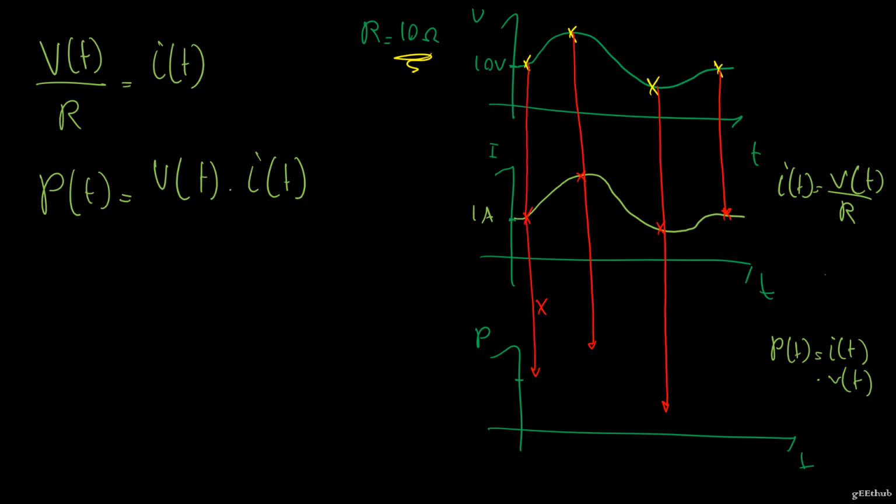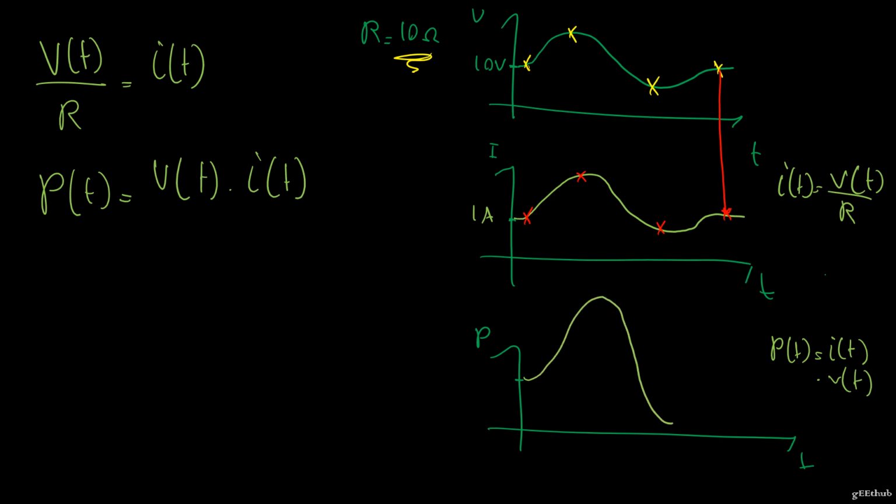So let me redraw this for better visualization. It will look something like this: an intensified maxima, an intensified minima, and then back at where it was. It's going to start at 10 times 1, at 10 watts. All these points correspond to these multiplications.